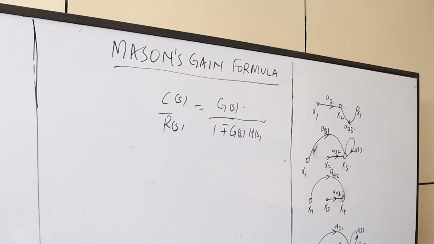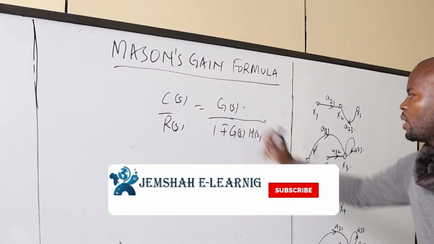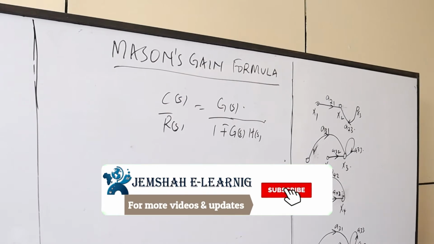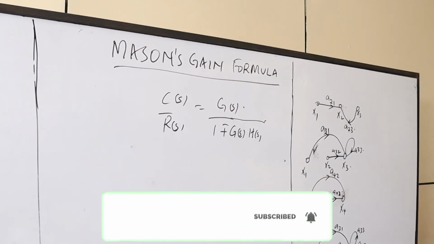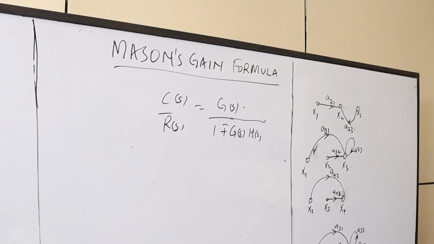When you talk of the Mason's gain formula, it is the same thing that we are going to obtain, but now we are going to look at it in a different way. It is always possible to write the input-output relationship and hence determine the control ratio by use of the SFG, and this is carried out by inspection.